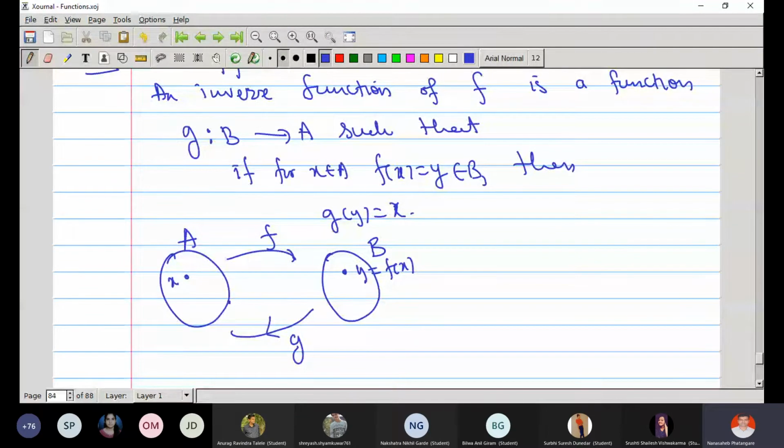So f sends x to y and g sends y back to x. So this is what the inverse function means.